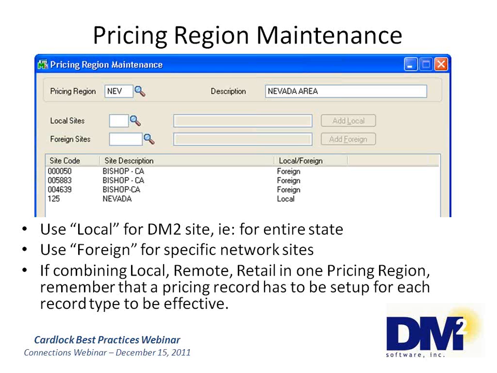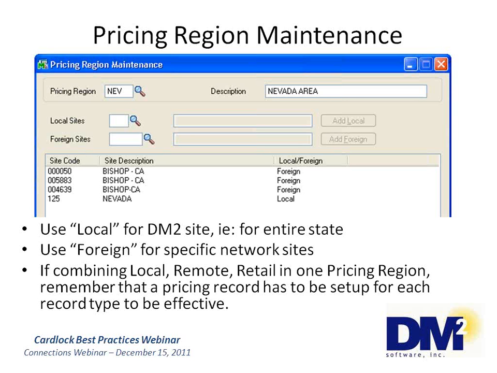To set up pricing region maintenance, it's on the Cardlock setups menu. You go to pricing region maintenance and put in a code for your pricing region. It is an alpha. Pricing regions, like I said, for remote pricing, replace sites.